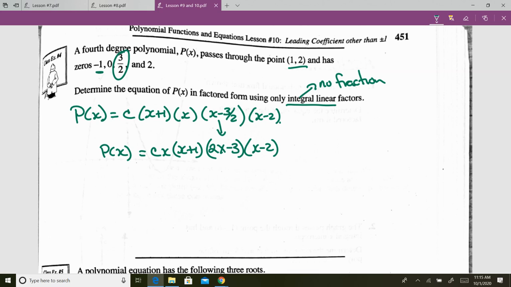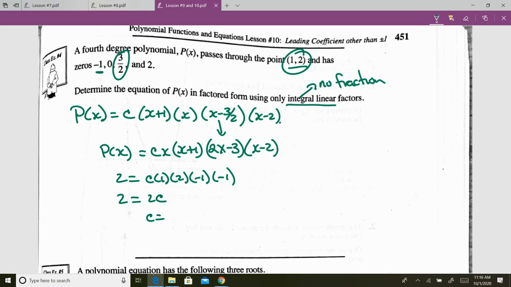What do I do now to solve for C? Just plug in your point like we just did on those questions before. So 2 is equal to C times 1 plus 1 is 2, 2 times 1 is 2, minus 3 is -1. Which gives me 2 is equal to 2C.